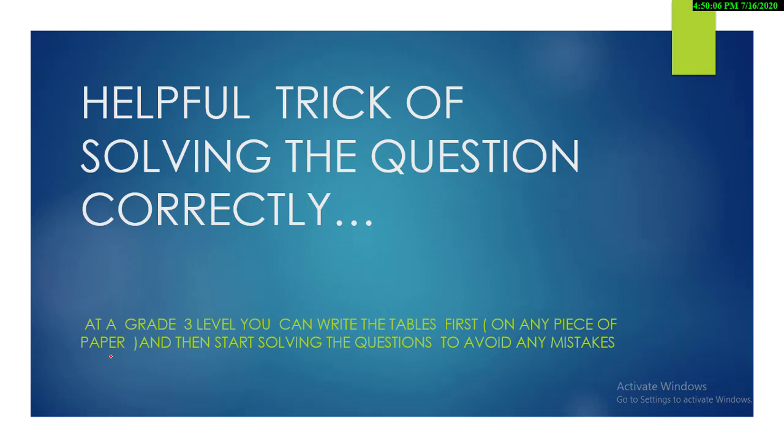So at the grade 3 level, you can just write down the table on any piece of paper and then start solving the questions of matching and direct questions to avoid any mistakes. So this is a helpful trick for my students. I hope that you understand what the teacher is telling you. This trick helps you to avoid all kinds of mistakes.